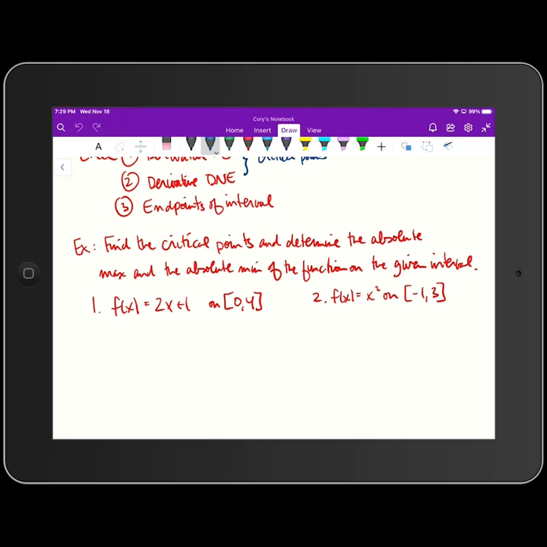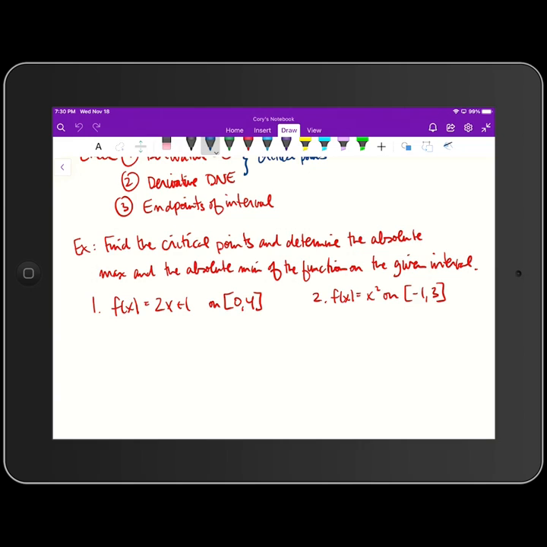Okay, so the first thing you have to check is you have to see if you can even use the extreme values theorem. So we have to make sure that our function is continuous on the interval that's provided. The way that we check for continuity is we just want to find the domain of our function, and if our function is defined everywhere on the interval that is provided, then it is continuous everywhere on that interval.